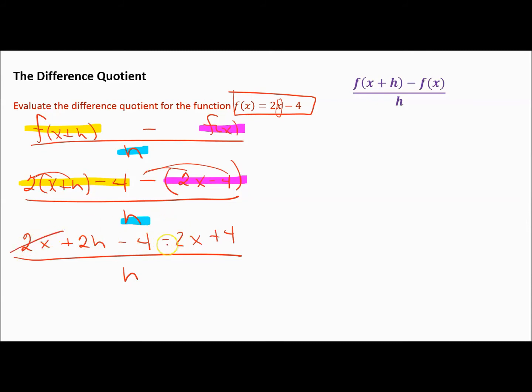I have a 2x and a minus 2x that cancel. I have a negative 4 and a plus 4 that cancel. That leaves me with 2h in the numerator. And once again, notice any term without an h as a factor cancels out. And that leaves me with 2h over h. And then the h's cancel to get 2 as a final result.